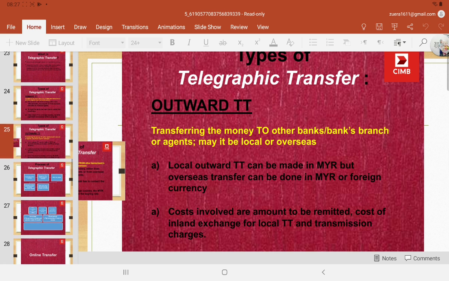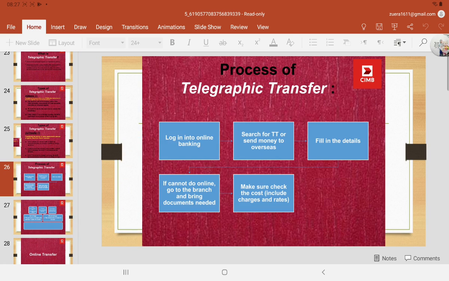Okay. So what is the process of telegraphic transfer? Usually it is easy for customers to get this product through online banking.